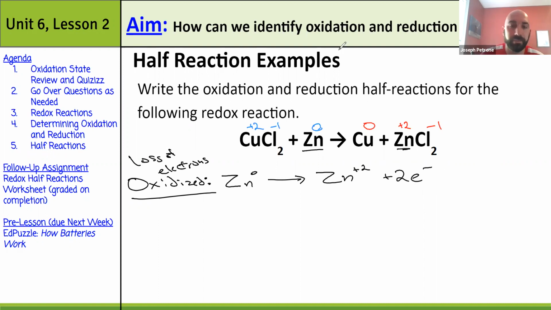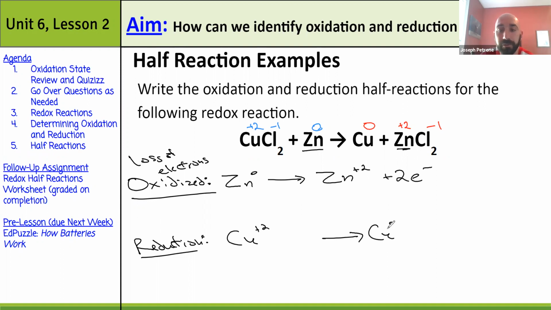And then for our reduction half reaction, we are dealing with the element that is losing charge, or charge is decreasing because we are gaining electrons. So in this case, copper is going from a +2 to a 0 charge. So Cu +2, and then Cu with a 0 charge here.